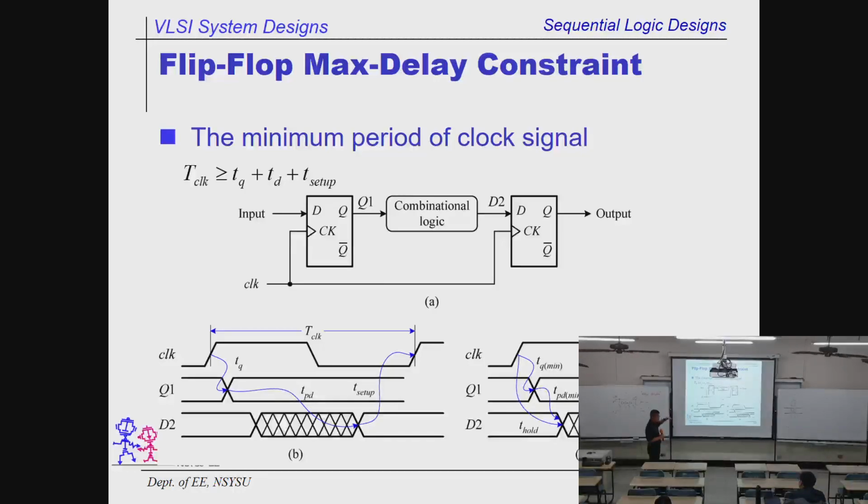If you lower your speed, lower your clock, and the output is still wrong, that means the total circuit is screwed up. You have a wrong circuit. Is that clear? So this inequality is a basic rule for you to carry out your function.